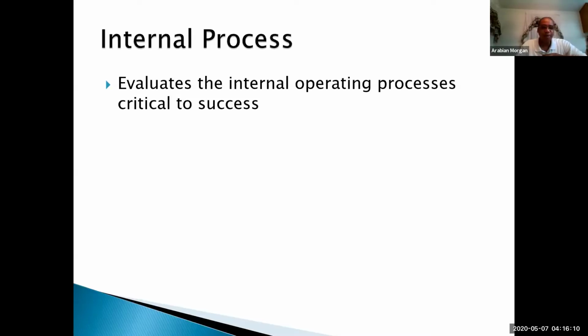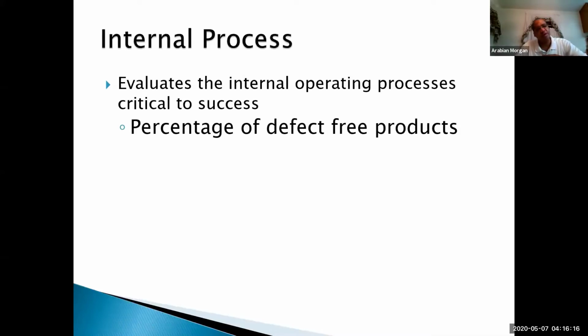By this, I'm referring to some very specific elements here. Companies, from an internal perspective, are looking at their percentage of defect-free products. They're going to keep track of returns and find out why a customer was returning some of their products, were there defects in them. So they're actually keeping track of those things.